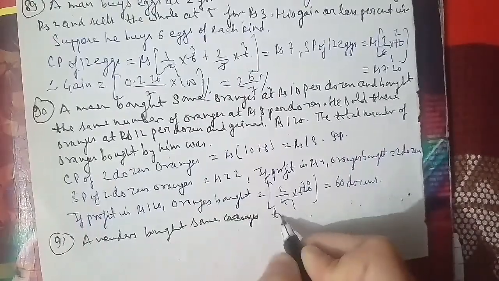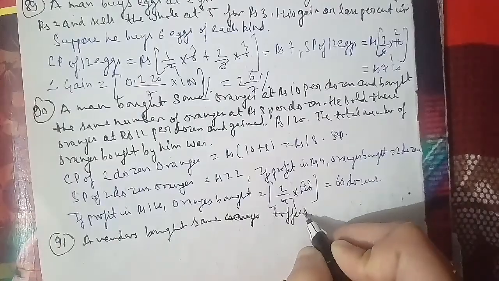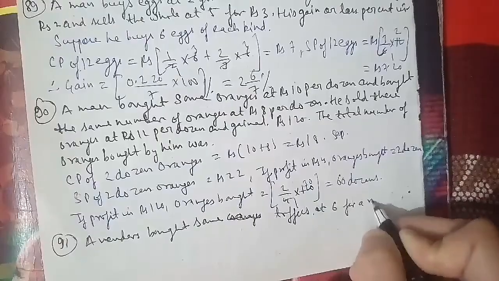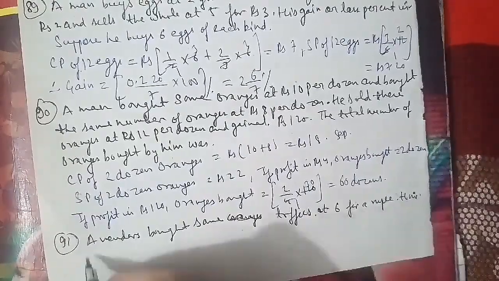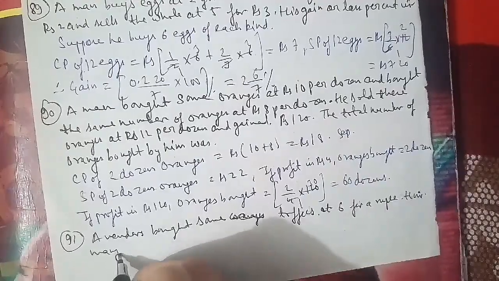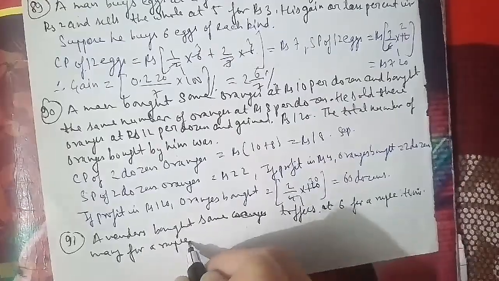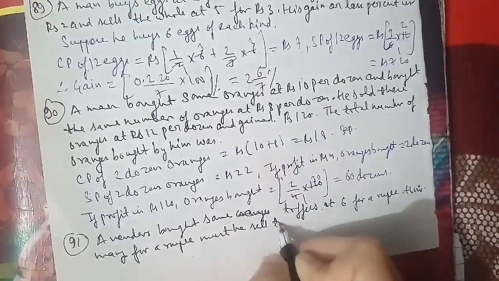So CP of 6 toffees equals rupees 1. SP of 6 toffees equals 120% of rupees 1, which equals rupees 6 upon 5.